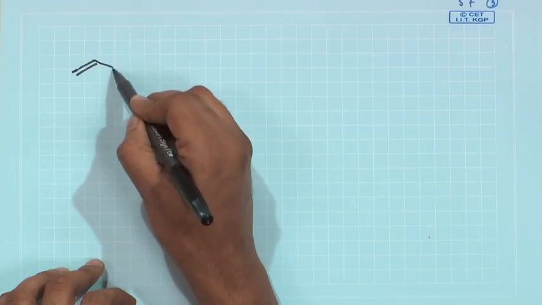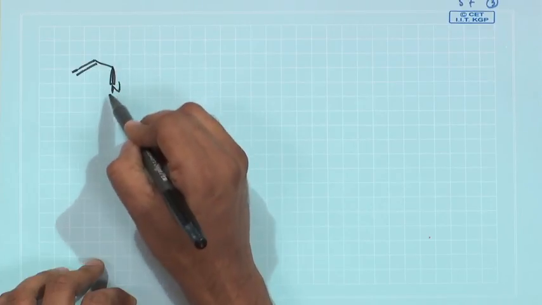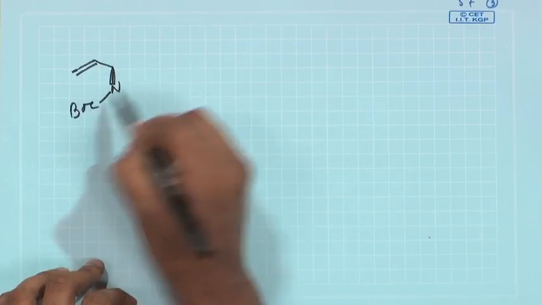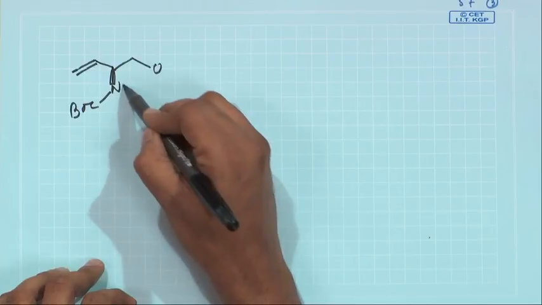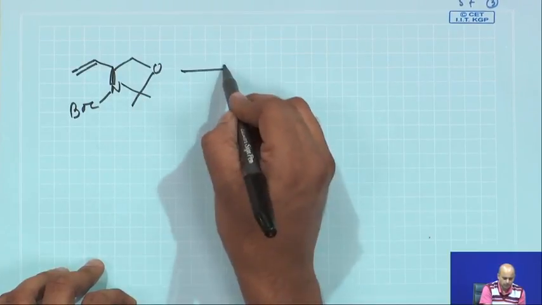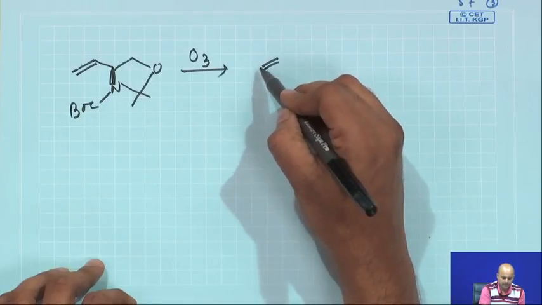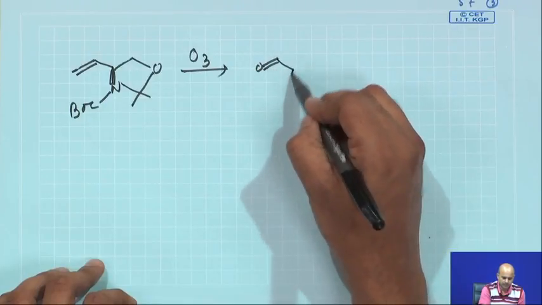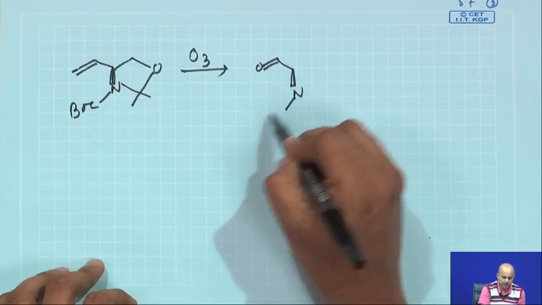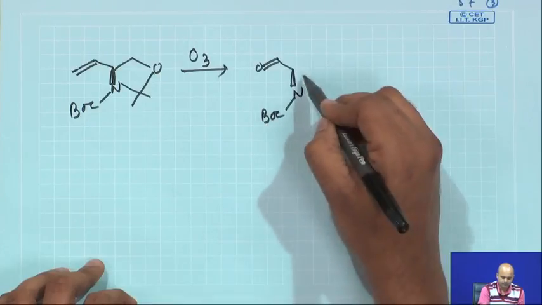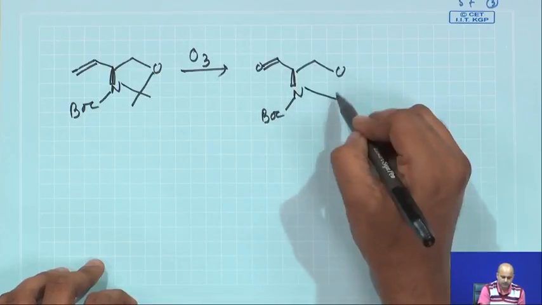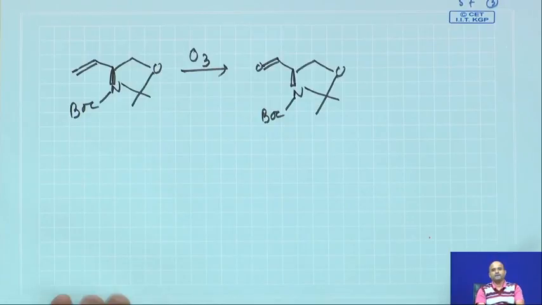So, you have a compound like this in Boc. Now, what do we do? We just do an ozonolysis, basically giving this compound in Boc. So, this is nothing but the enantiomer of the Garner aldehyde.